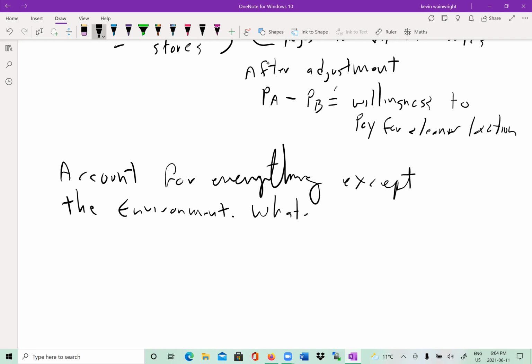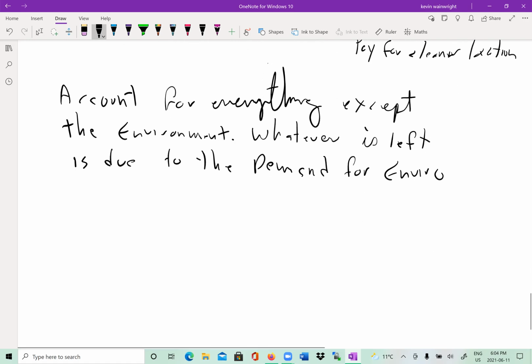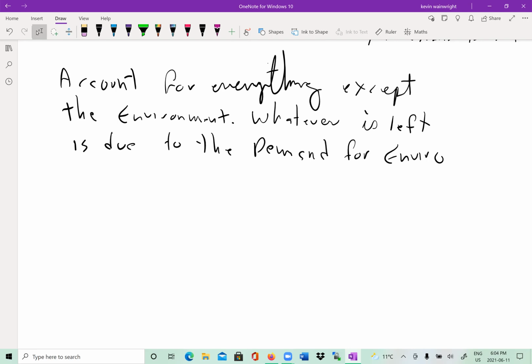Whatever's left is due to the demand for environment. So, okay, this is what's known as hedonic pricing models. It is something that economists do all the time. It's a simple statistics exercise. It's something that can be calculated using something like Microsoft Excel. Okay.